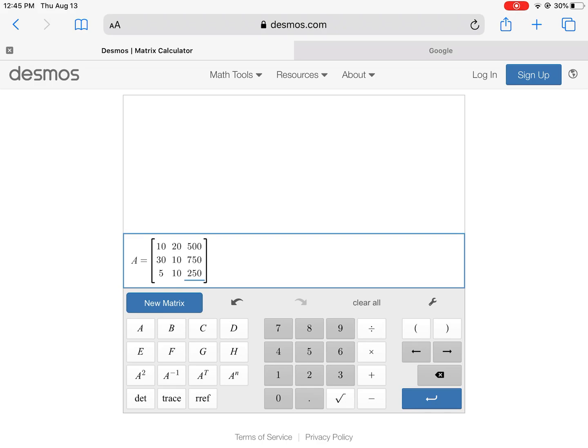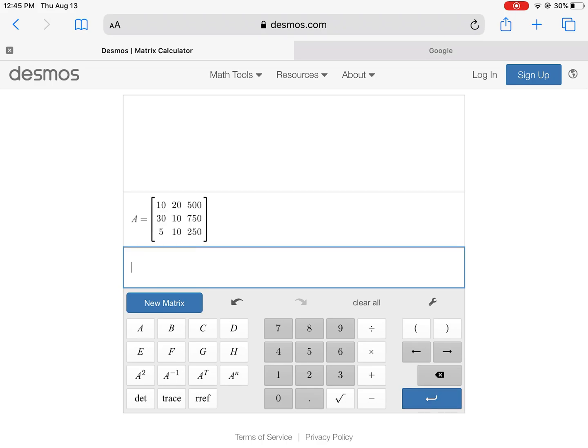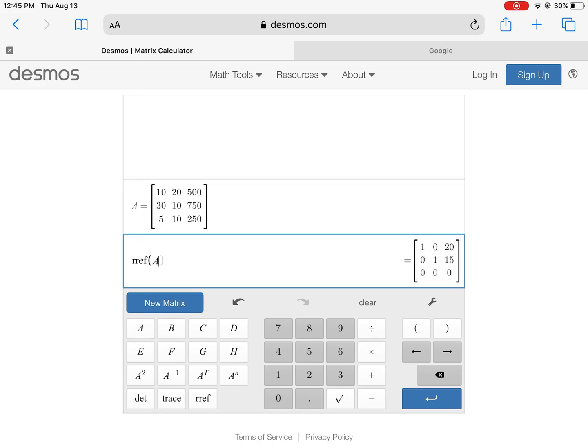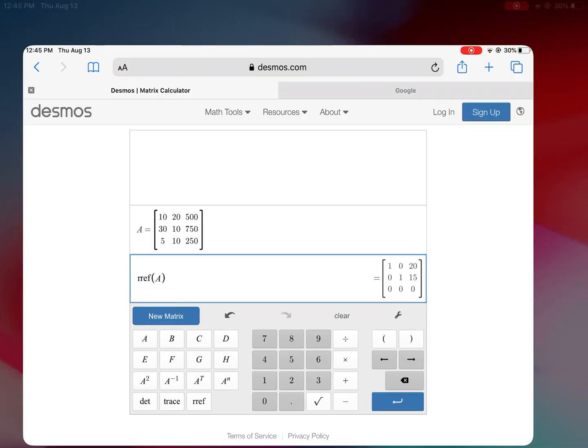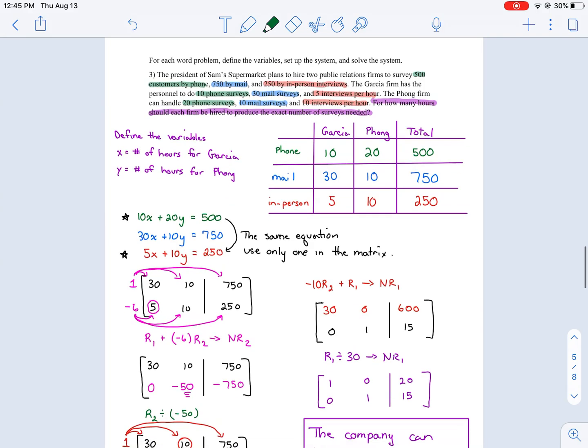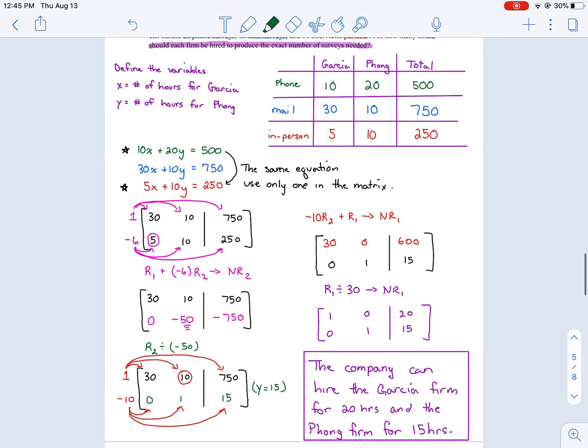Okay, so now that we have the matrix in, I'm going to hit the arrow pointing to the left, and then I'm going to tap the RREF button, which stands for Row Reduced Echelon Form. Type in A, and notice to the right, we have the same solution of 20 and 15. So you can use this website to check your work. However, you will be required to show me all of those steps on your exam.